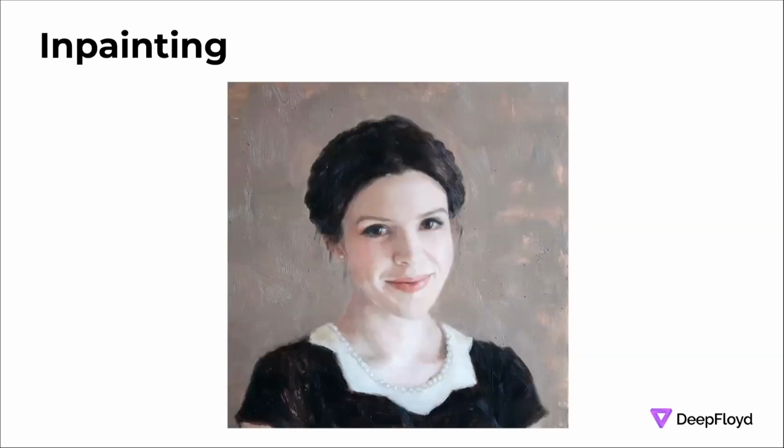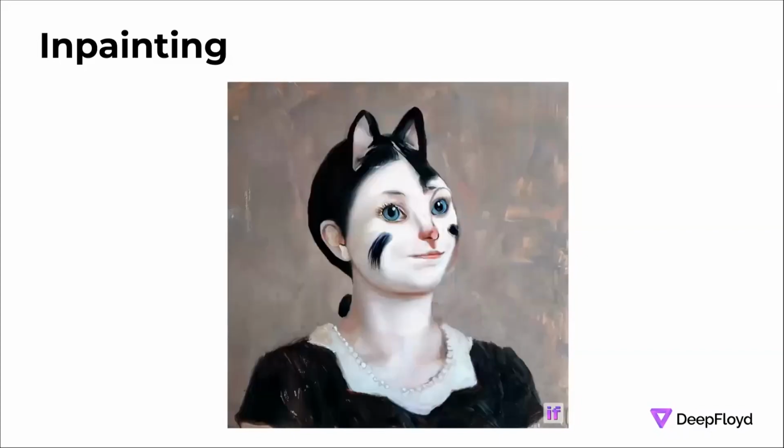Also, we can change not only the whole picture as we've just observed, but we can modify some parts of the image. So here, for example, we can have some special zones. Like here are the ears of this beautiful young woman, and we can change her ears, for instance, and it can be controlled with text prompts.